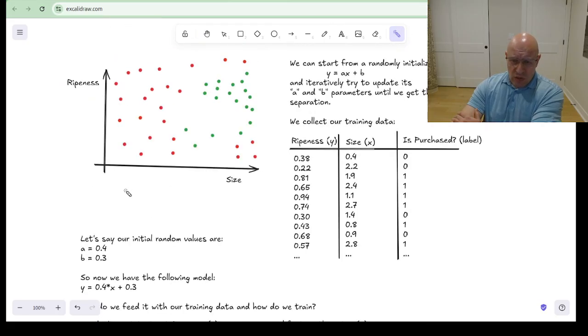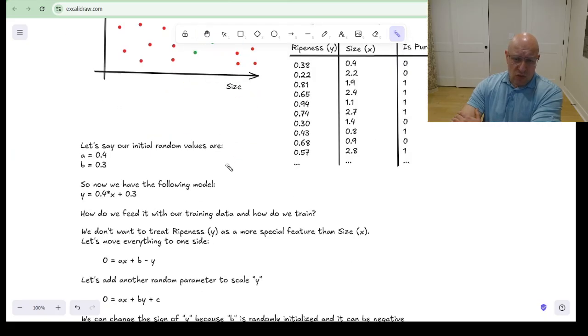Which, in algebra, y usually has more important value than x, so y feels special. It's on a different side of the equation. And I don't want to treat ripeness as more special than size. So we'll do some basic manipulations.